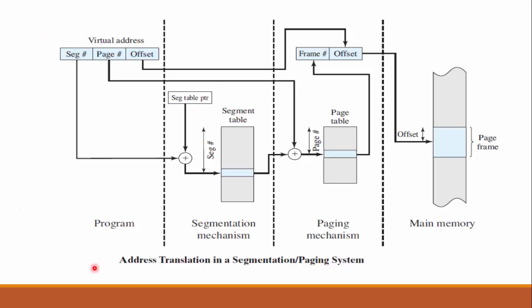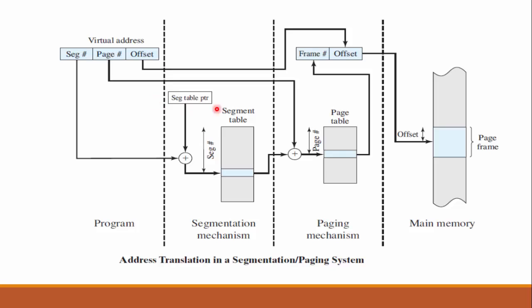So this is the whole scheme. The virtual address consists of segment number, page number, and offset. The segment number is matched and found in the segment table. When its entry is found, it points to the page table.